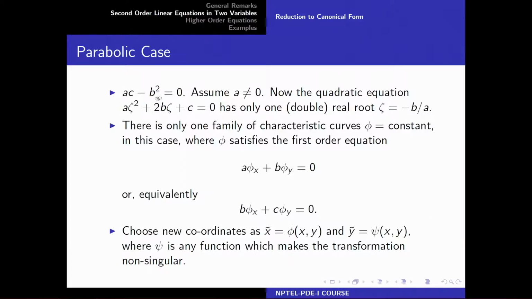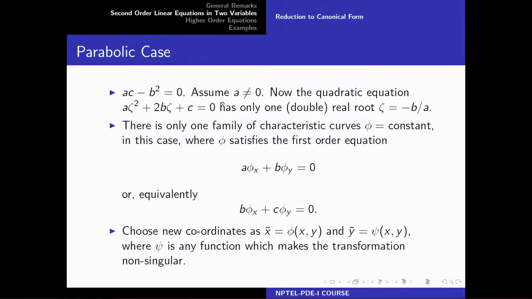If a, b, c are 0, all second order terms are 0, so we are getting only a first order equation. Because we are considering a second order equation, all three cannot be 0 simultaneously.